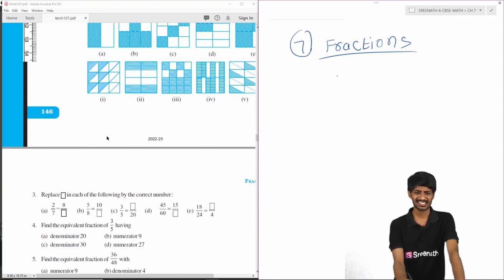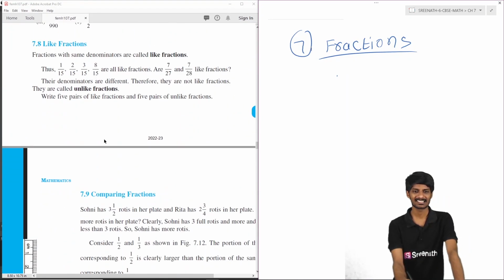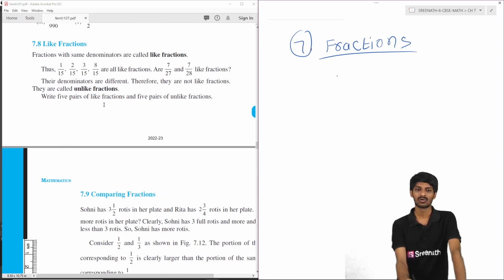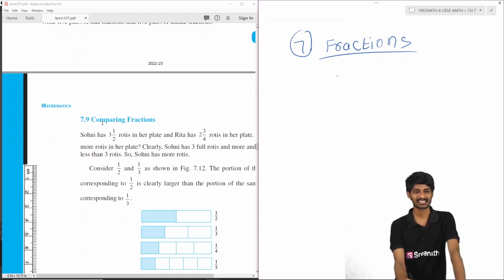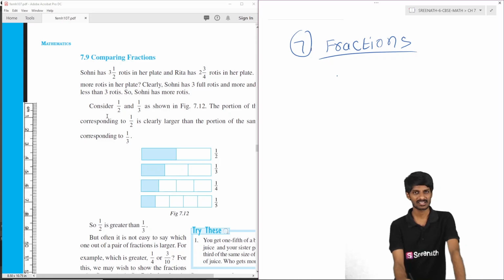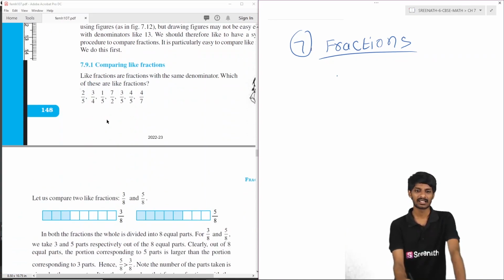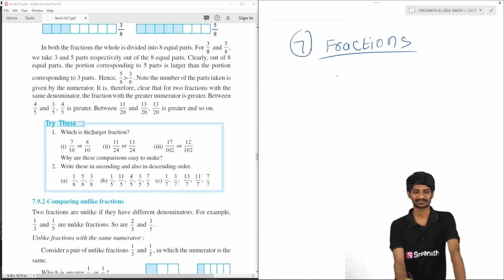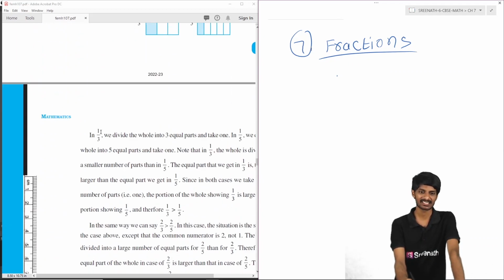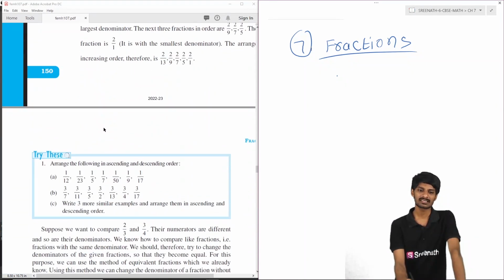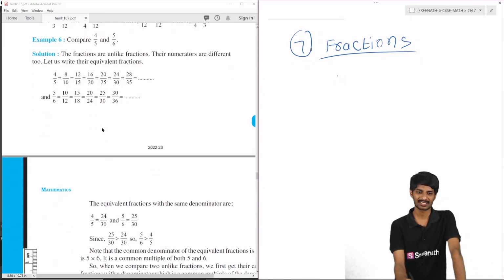The next thing, students, is like fractions. So like fractions and unlike fractions, and comparing fractions, how to compare the fractions, comparing like fractions, comparing unlike fractions. All these concepts we are going to learn, students.